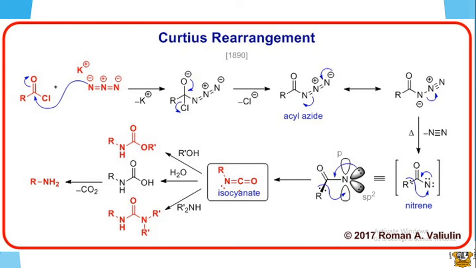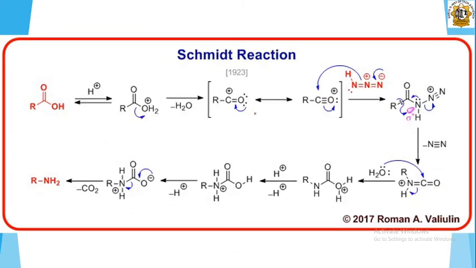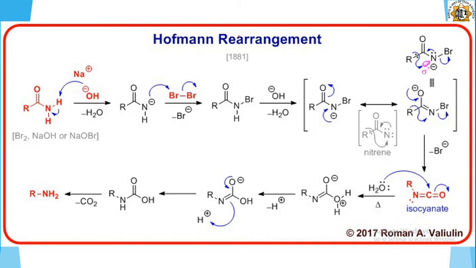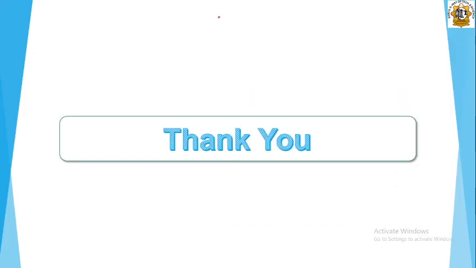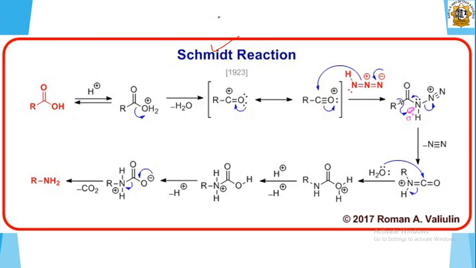This Curtius reaction is related to the Schmidt reaction, Hoffman rearrangement, and Lossen rearrangement. Okay, so this we'll discuss in brief. In Schmidt, what happens, we use hydrazoic acid, as I mentioned previously, in this reaction.